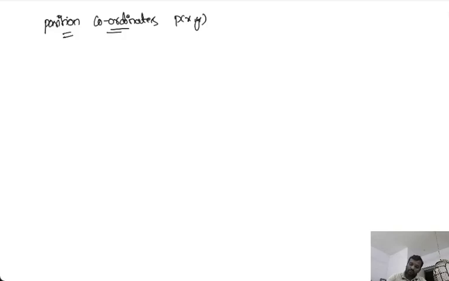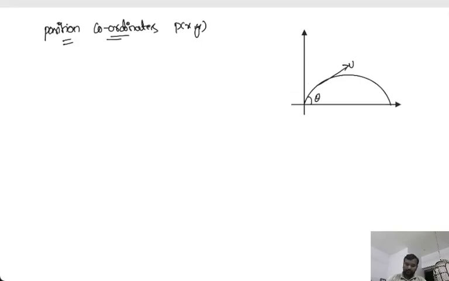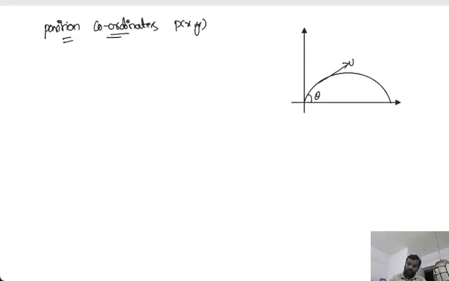Once you observe the diagram, let an object be thrown with velocity u at an angle theta with the horizontal.